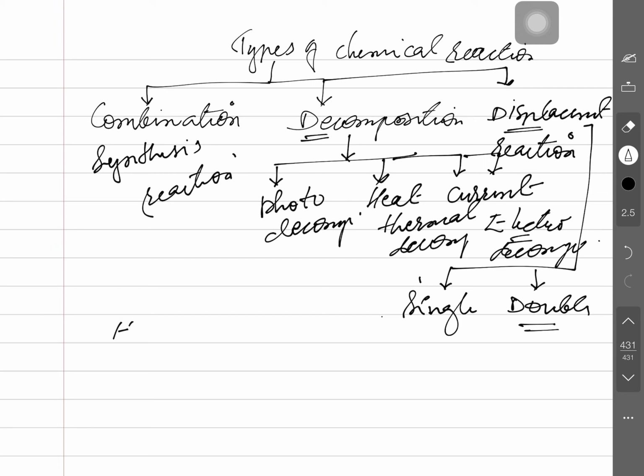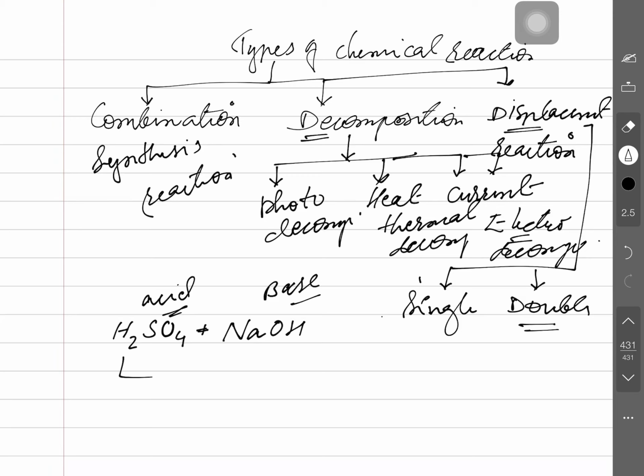Suppose here I have taken H2SO4. This is an acid, called sulfuric acid. And when this combines with a base, a strong base I am taking here, NaOH. It's an acid and it's the base.